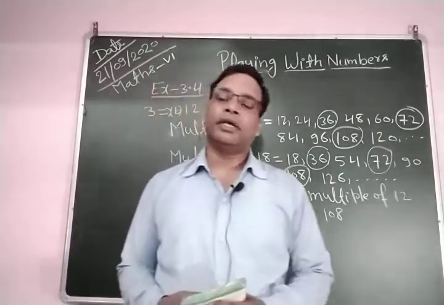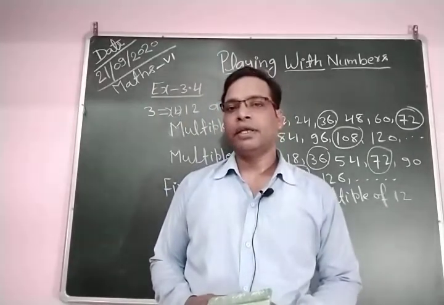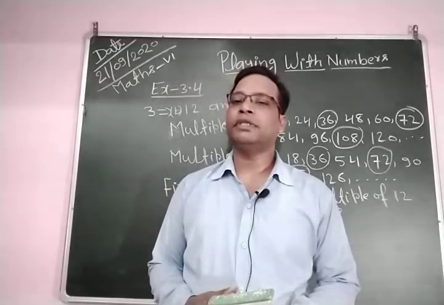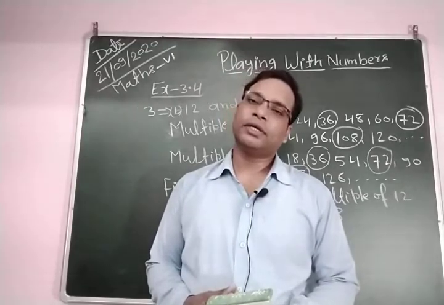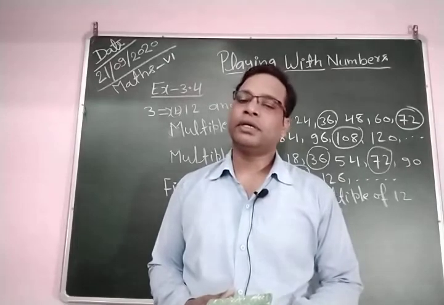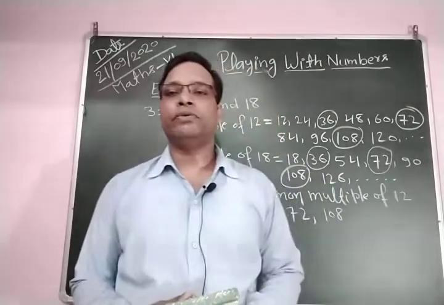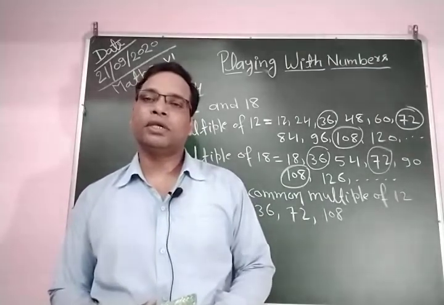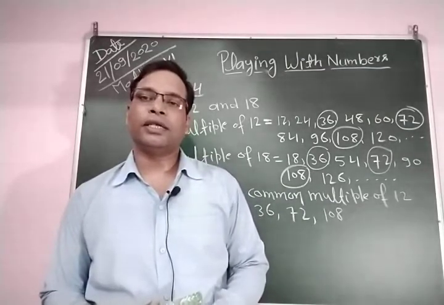In the second way, we first find the LCM of 3 and 4, which is 12, and the common multiples are the multiples of 12: 12, 24, 36, 48, 60, 72, 84 and 96.